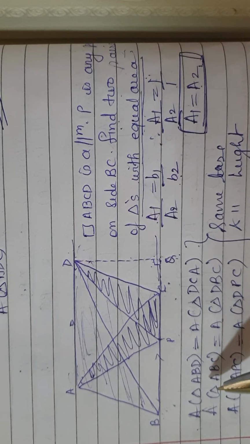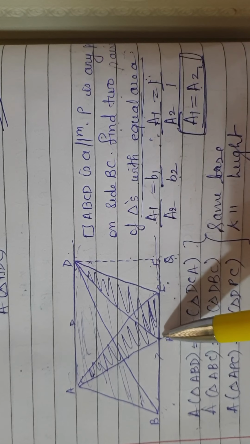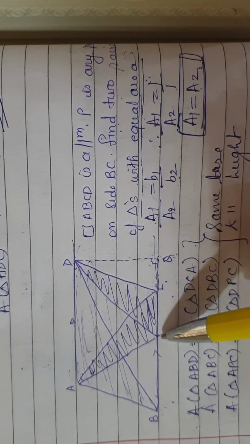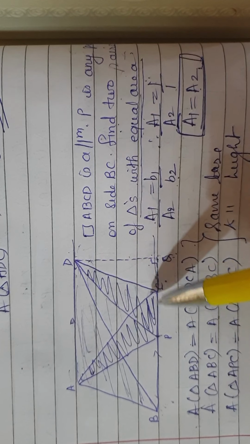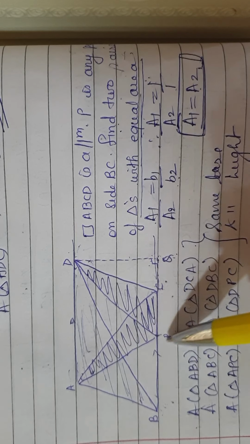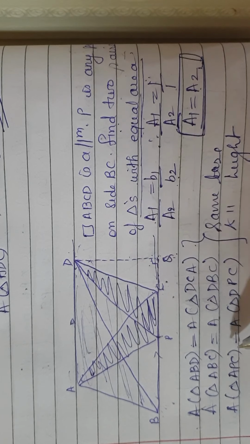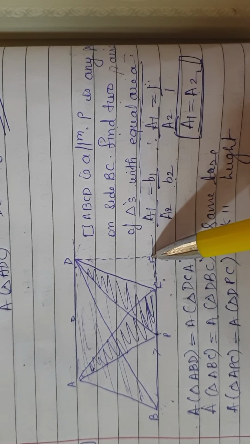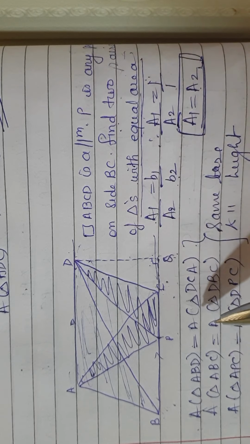So which are the other triangles which have equal areas? Now I'll take the base as PC. Look at PC and look at the two triangles now, PAC and PDC. If you see, which I've shaded here, PAC and PDC both have the same base and they lie between the two parallel lines. So even their areas will be equal.